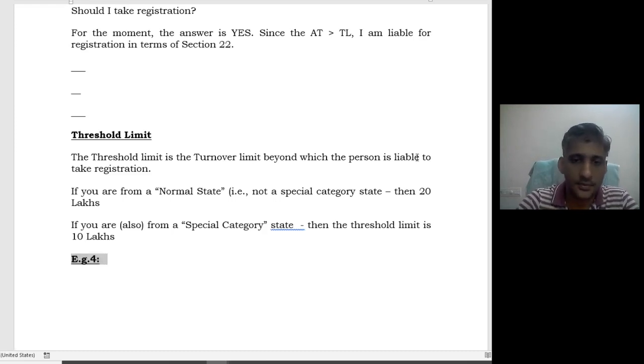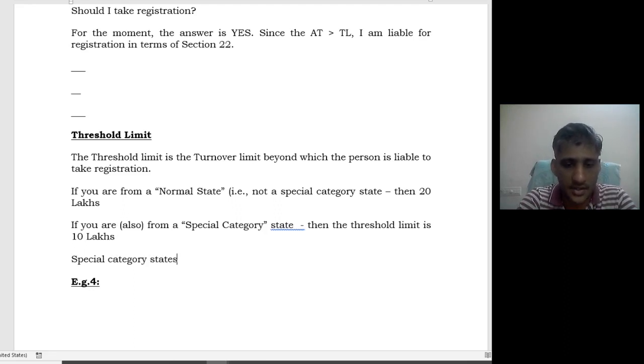Now, what are the special category states that we need to write for section 22? It is very easy to remember.